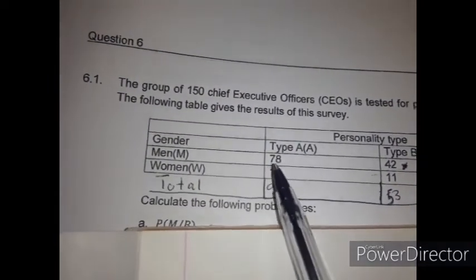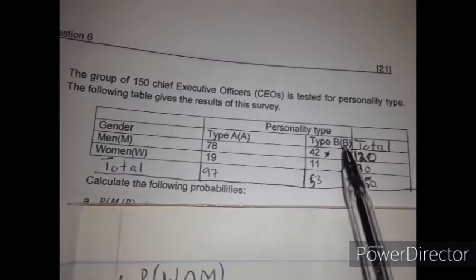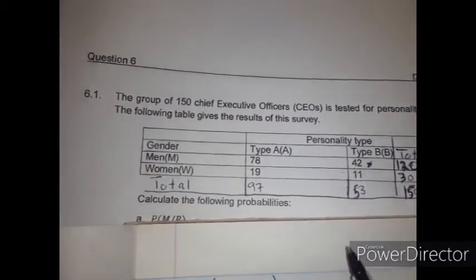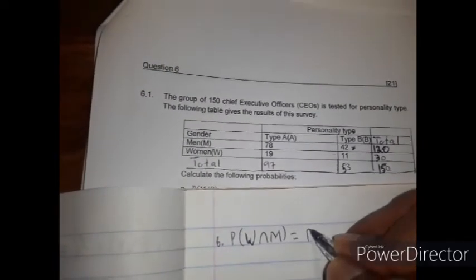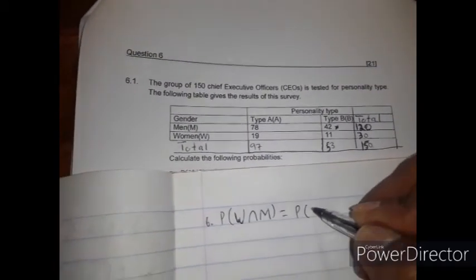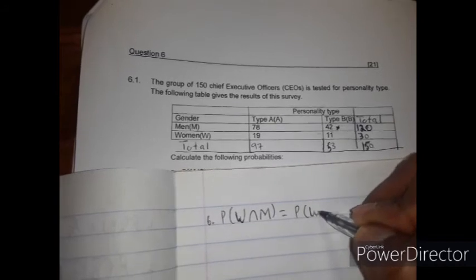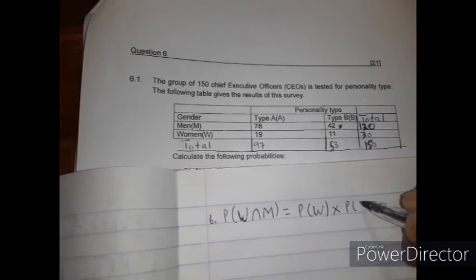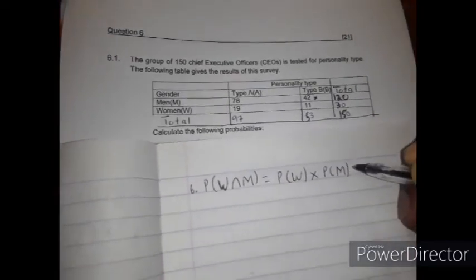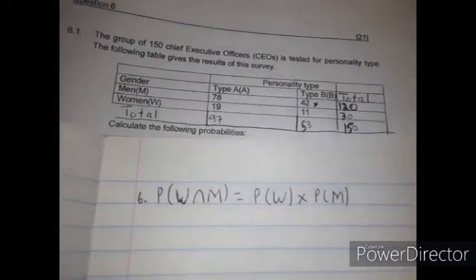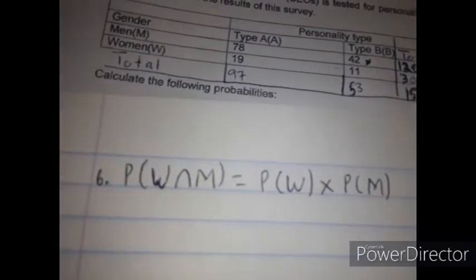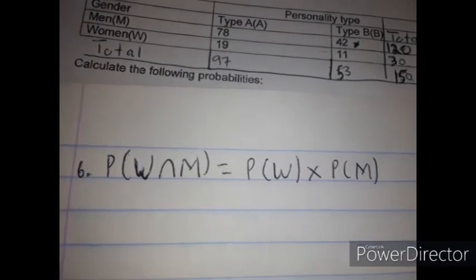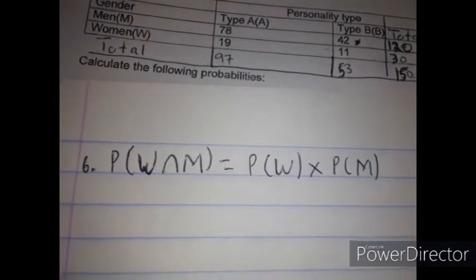There is no intersection here. These events are independent. So the formula is the probability of women multiplied by the probability of men. When there is no intersection or when the events are independent, you use this formula.